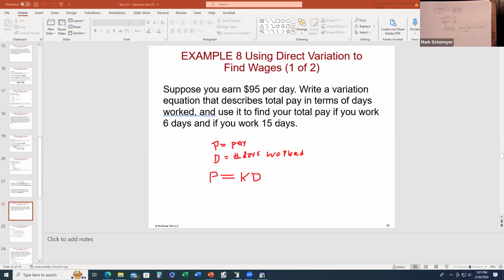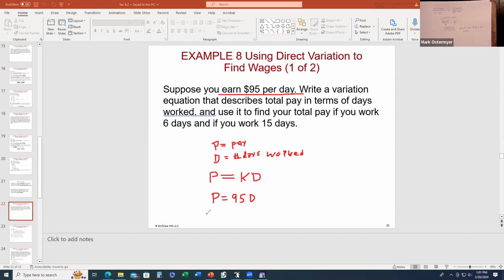What is k? They basically just hand it to us in this problem. k is a rate. So what rate hangs out in this problem? It's got to be a rate, something per something. What's my rate? There's k, $95 per day. So the total pay I receive is going to be equal to k, which is $95 per day times the number of days.